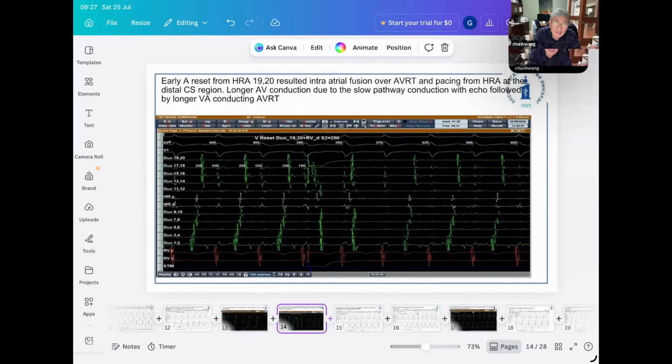The only reason I ask is that your CS activation earliest is CS 5-6 or 3-4 area. So I wonder, is there a possibility of another pathway that exits more proximal in the CS? Normally that would prefer conduction to the distal CS. That possibility we cannot exclude here.